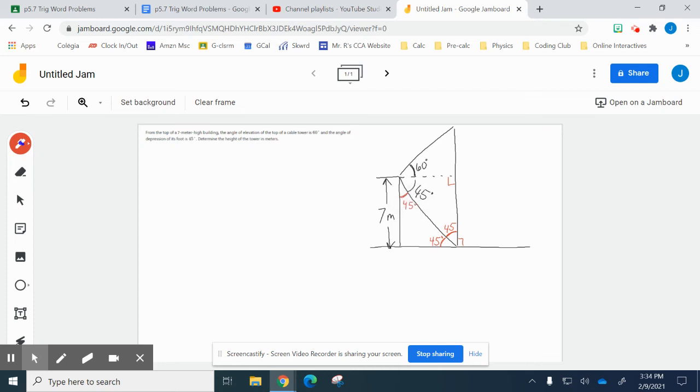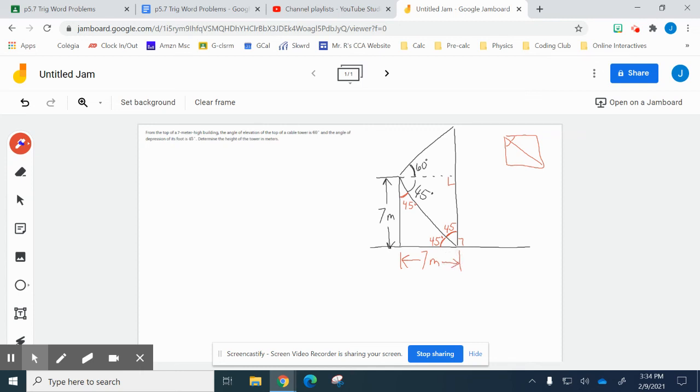And if you have, that's why I didn't draw this well, but if you have something like this with a 45-degree angle here and here, that means it's a square, which means that this is also 7 meters from here to here.